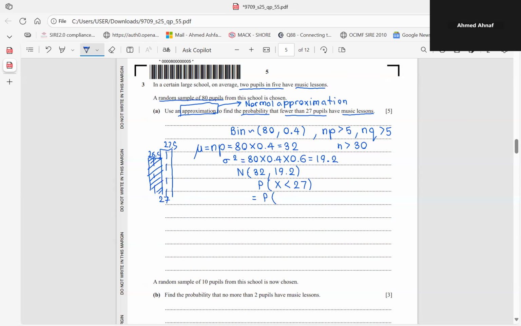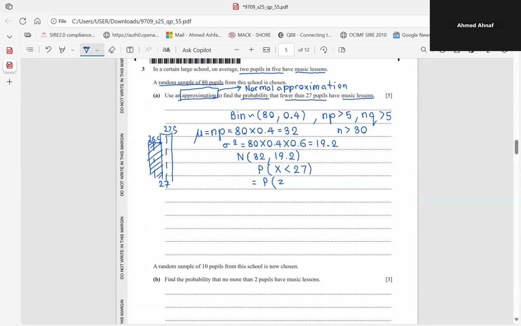We can only take 26.5. So Z is going to be 26.5 minus mu, which is 32, over the standard deviation, square root of 19.2. This would be minus 1.255.